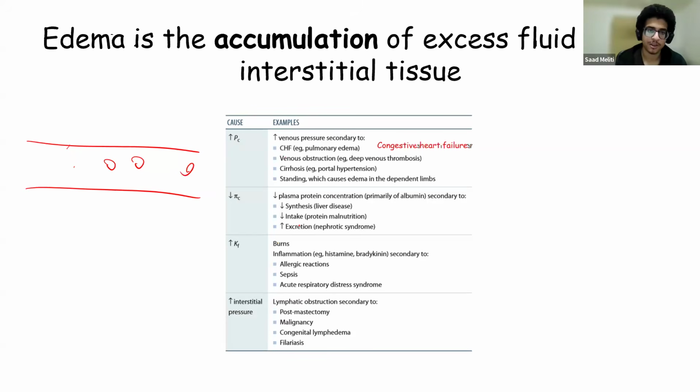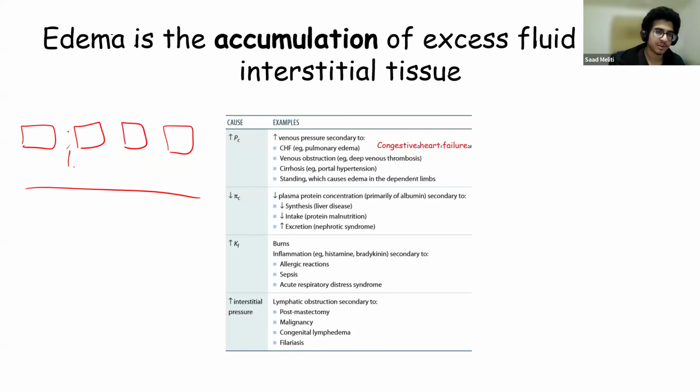Okay, perfect. So I was talking about inflammation. Like I said before, we want white blood cells to leave the vessel. So we're going to increase the space between the endothelial cells, and we're going to cause them to leave. Now you can also imagine that when we increase the space between the endothelial cells, even more fluid can just straight up leave.